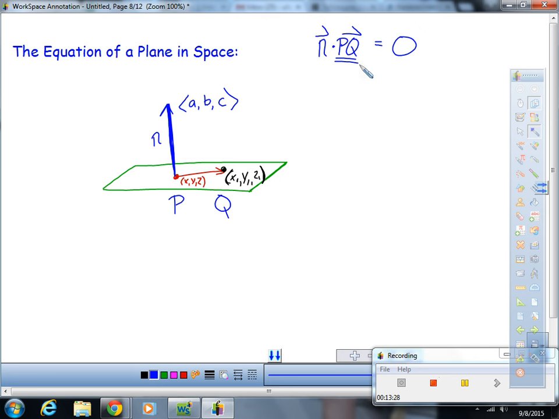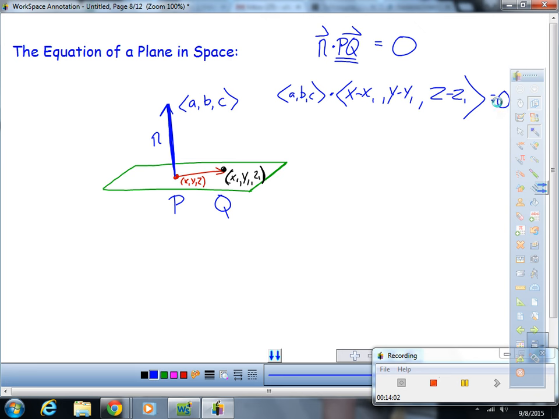So we could call our n a comma b comma c, and our PQ, we're just going to say x minus x1 comma y minus y1 comma z minus z1, and we want that to equal 0, and that's how we're going to come up with the equation of a plane in space.